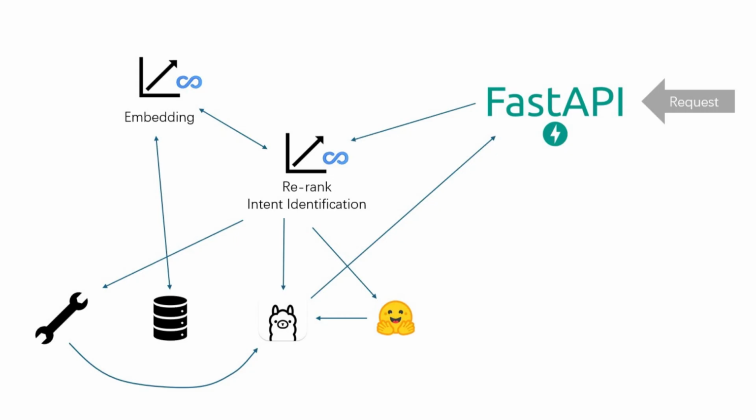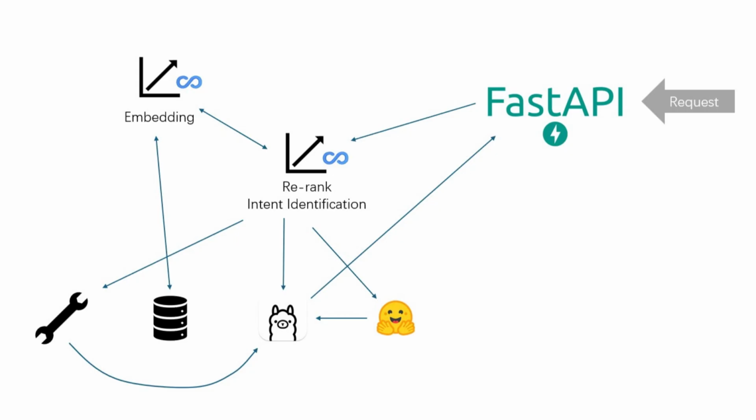So if the intent is for image understanding, the payload will be directed to the PaliGemma Hugging Face model. If the intent is retrieval augmented generation, the payload will be directed to the embedding service, and then vector search will be conducted in PostgreSQL with pgvector.